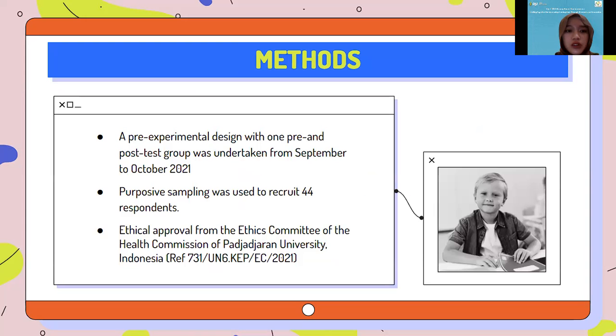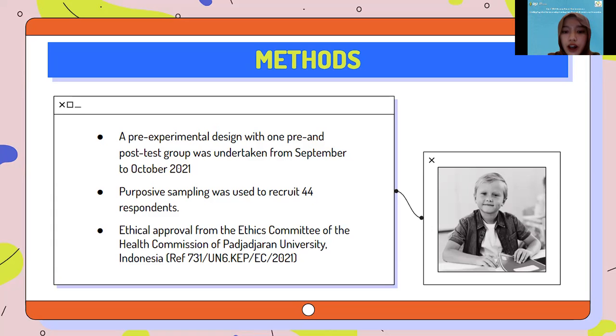And the methods: this study was conducted with a pre-experimental design with one pre- and post-test group. This design allows respondents to be tested before and after treatment, and to show the dependent variable's effects better. This research was undertaken from September to October 2021. The population in the study were third-year nursing students at Universitas Padjadjaran, Indonesia, and we used purposive sampling to recruit respondents.